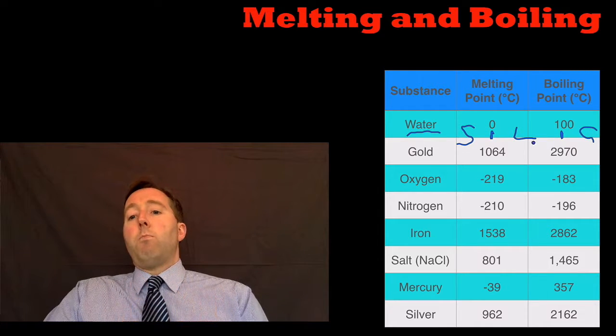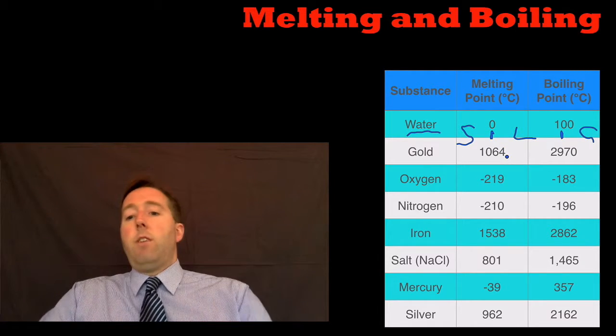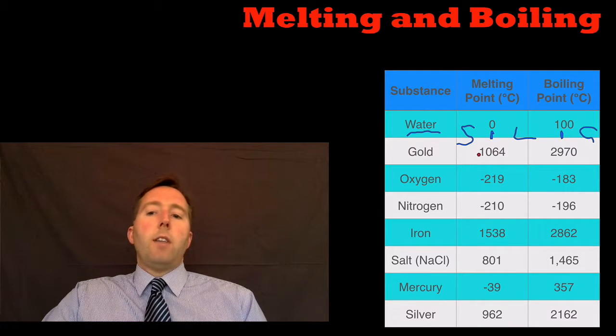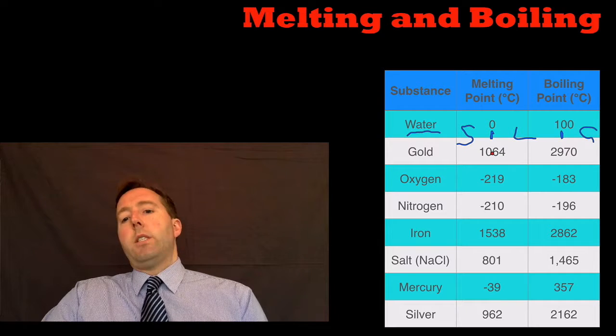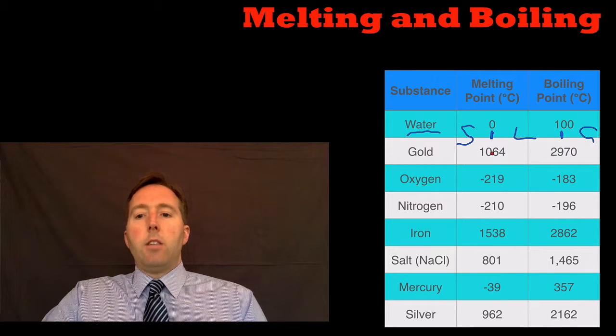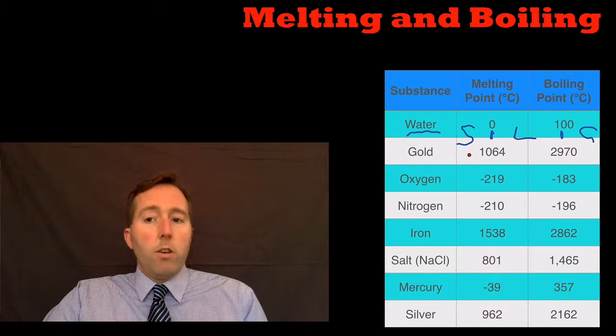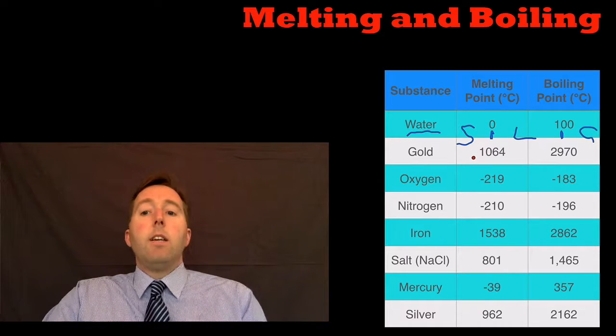But we can look at melting points and boiling points of lots of different substances. If we look at gold, at room temperature, anything below 1064, below its melting point, it is a solid. If it's not hot enough to melt, it's got to be a solid. So at 10 degrees, 20 degrees, 100, 1,000 degrees, it's a solid.